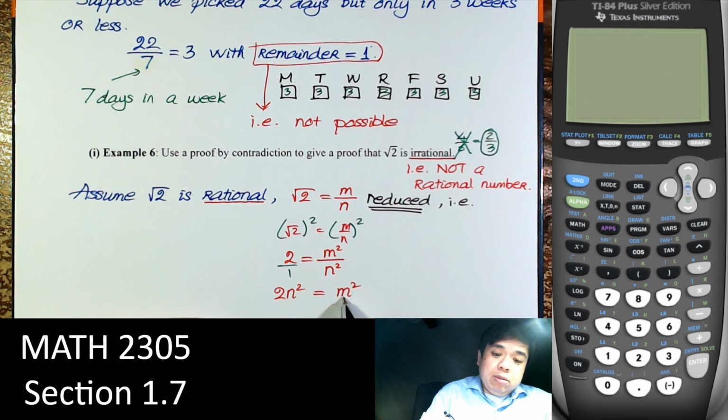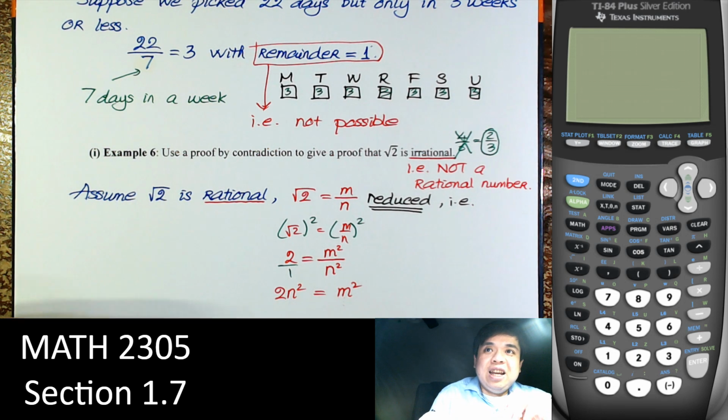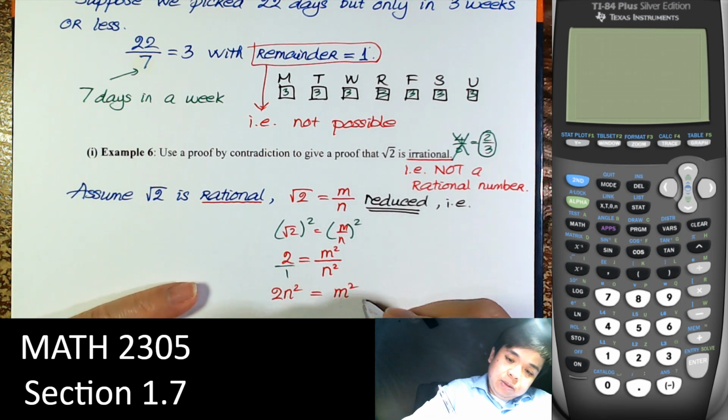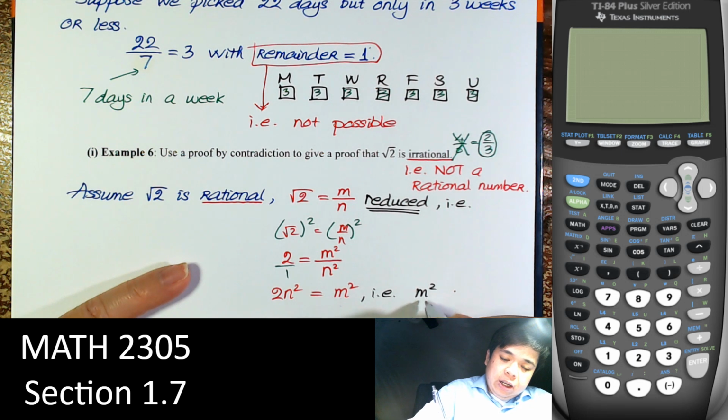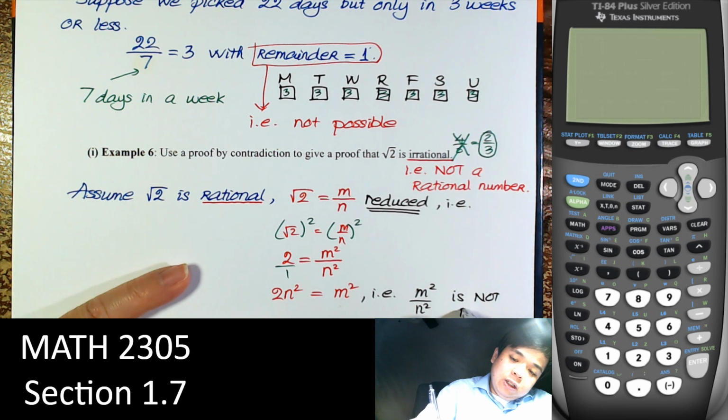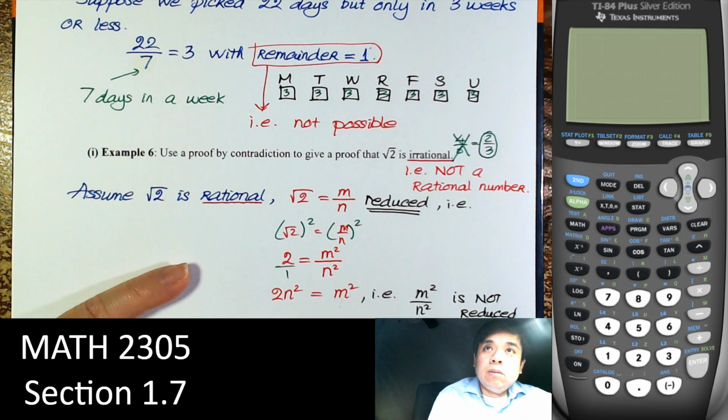But here m squared over n squared is not reduced, because it can reduce to 2.